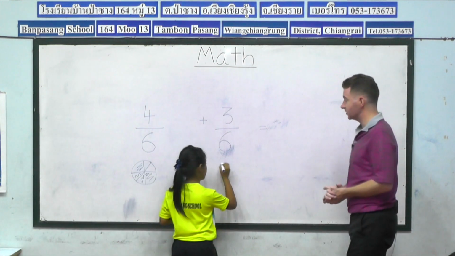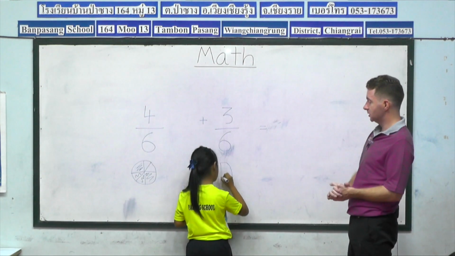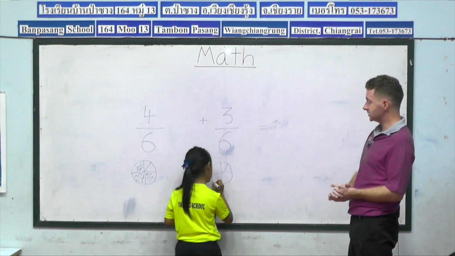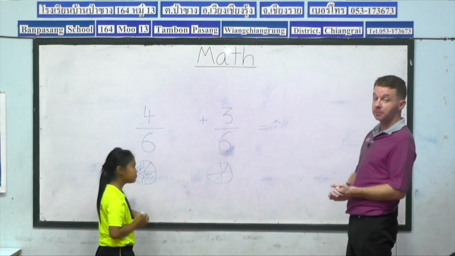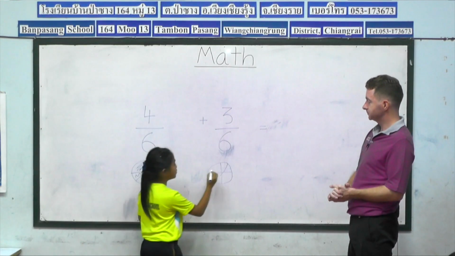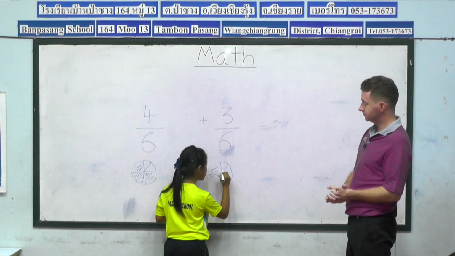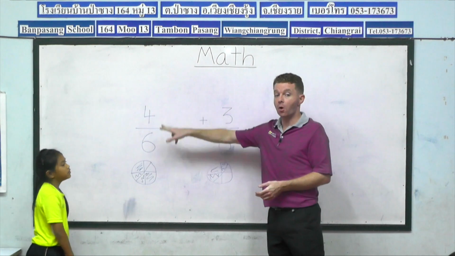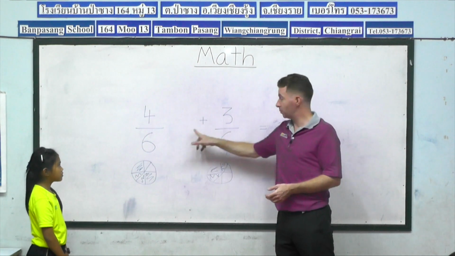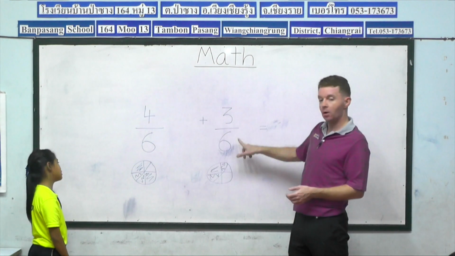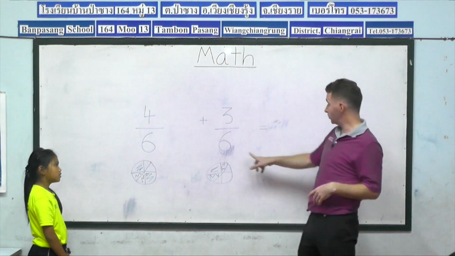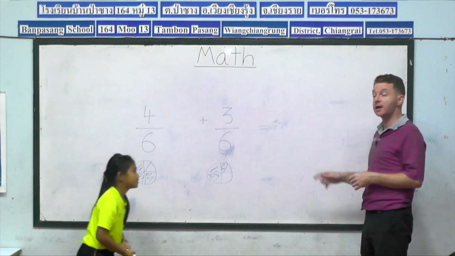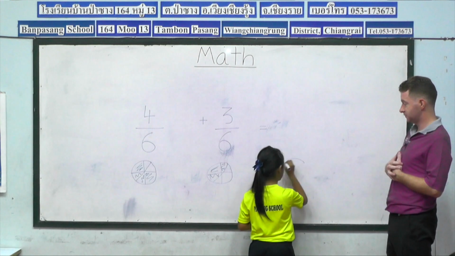Okay, so our second circle with 6 parts. 2, 4, 6. And how many parts in blue? 3. Okay, so we have 4 over 6 plus 3 over 6. So now we need to answer. So let's have another circle with 6 parts.